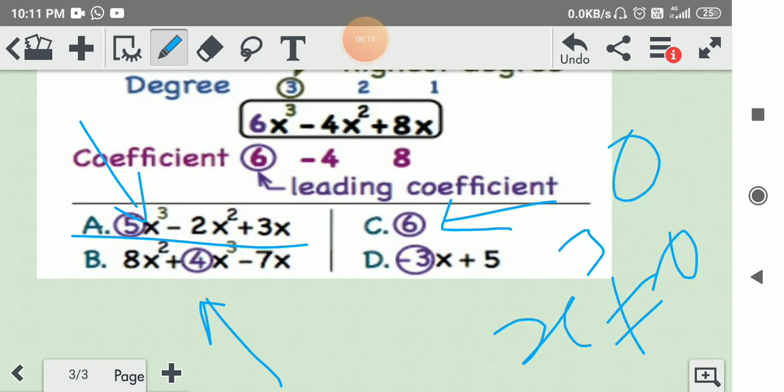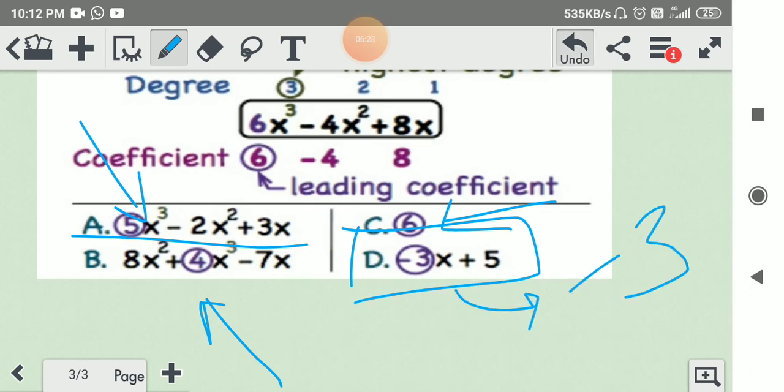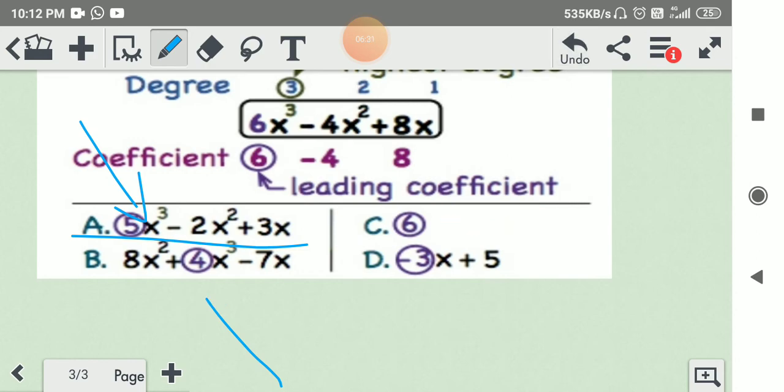And in this equation the coefficient of x cube is also 0. If asked the coefficient of x in D, the coefficient of x is equal to minus 3. Is it clear?